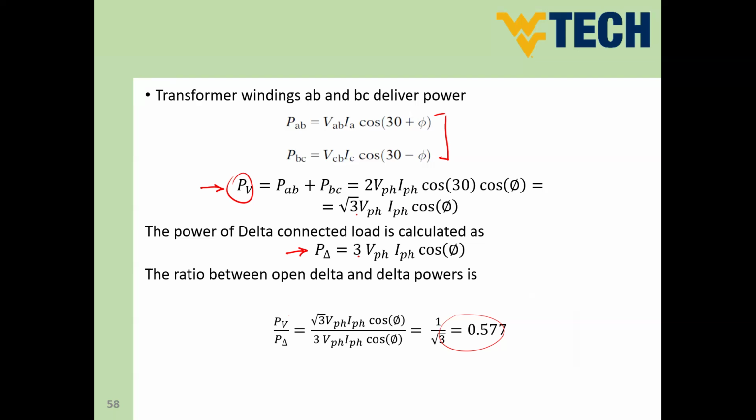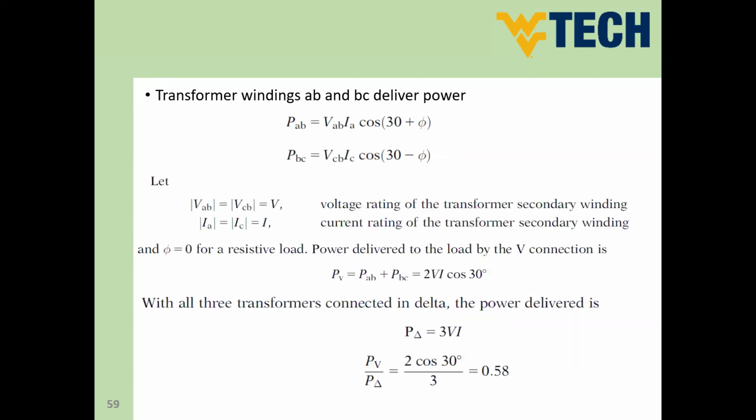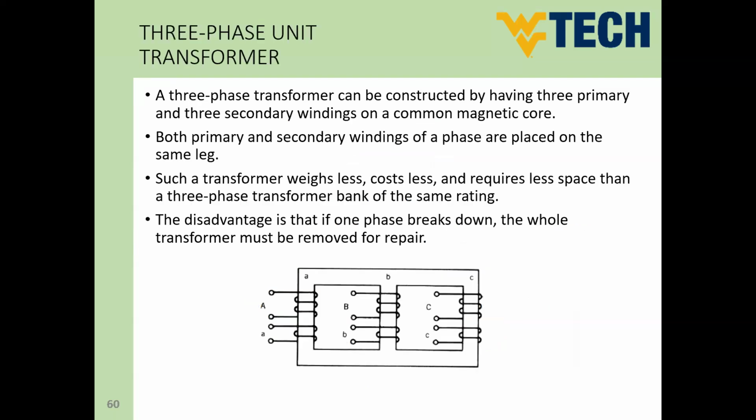Okay, so this is the benefit of having open delta transformers in our networks. So again, guys, this is now a comparison. If you have the power, it could be 58% as we just mentioned.